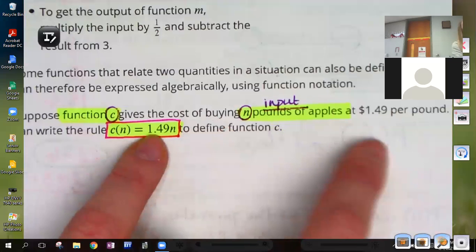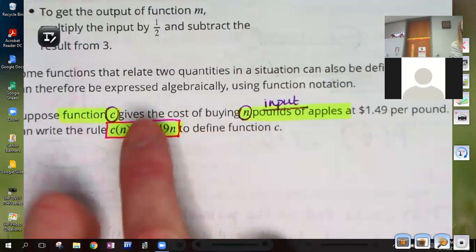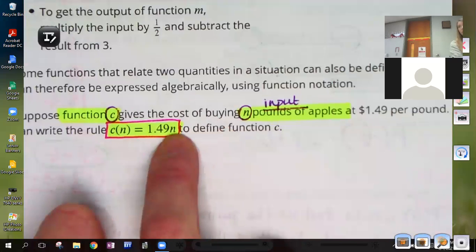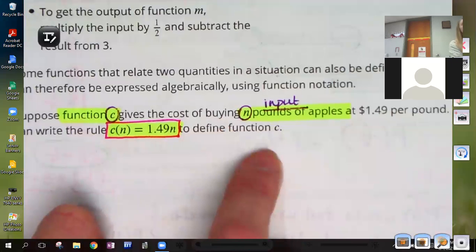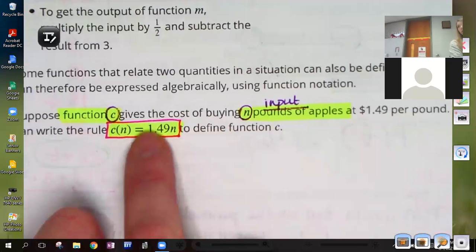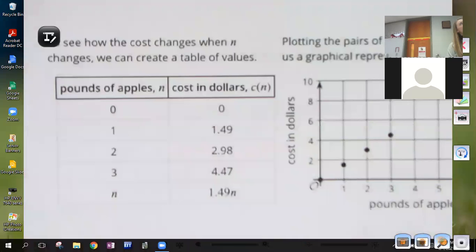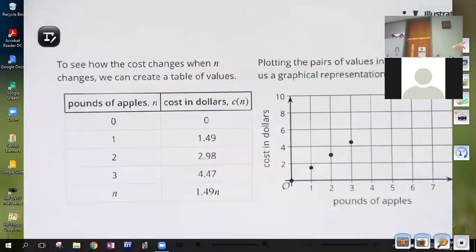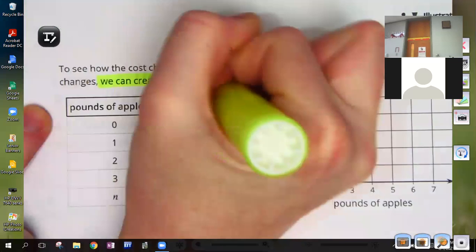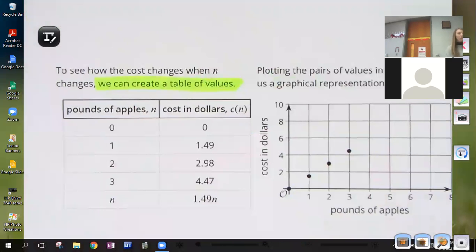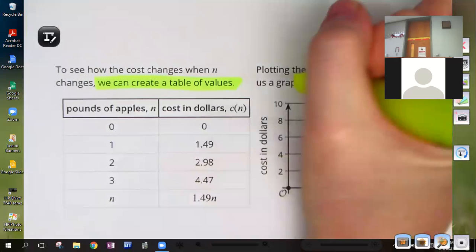If we were to get 1 pound, we'd just do that times 1, and it would produce our output. If we were to buy 15, what would we do with the price? Multiply by 15. That's exactly what they show you in this table here. So you can represent functions in these tables, and once you have those tables, you can represent it graphically.